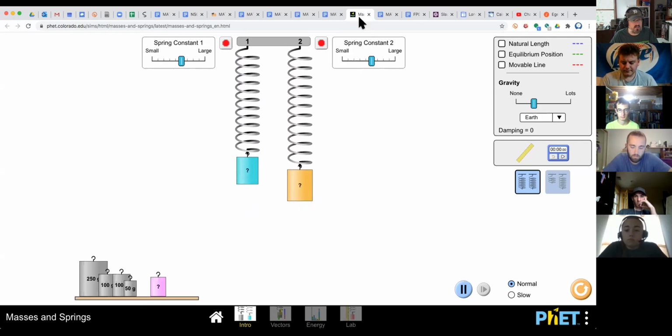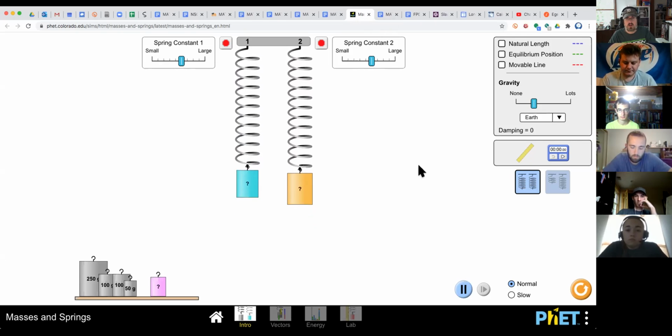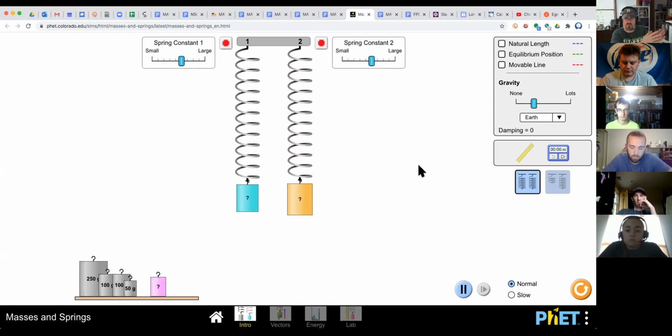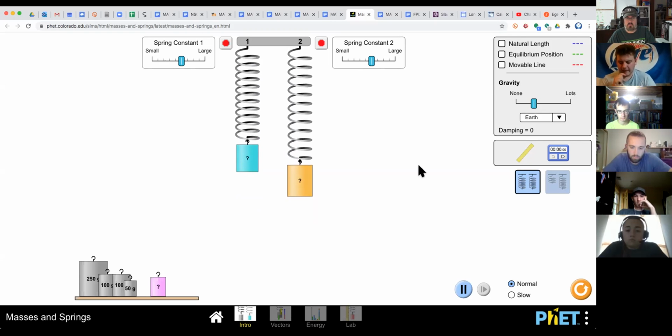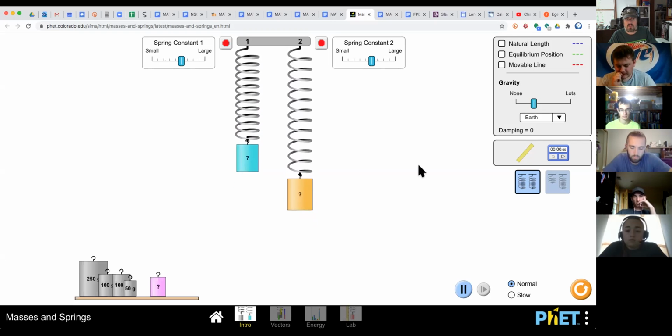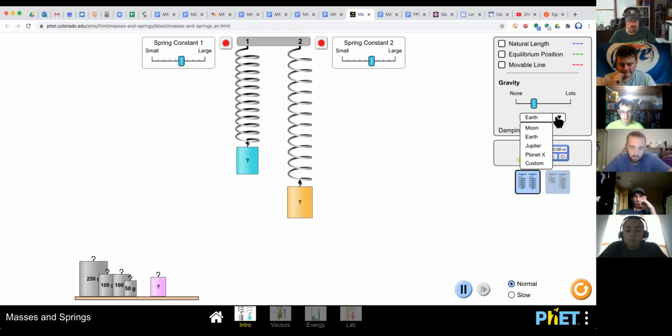Now, some of the other features for this simulation: when you click on the original link, you have the option of the intro, and then some other ones. Play around with them, because you actually get to do damping. You can also go to other places.